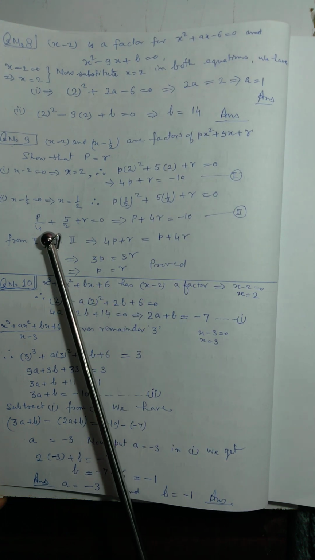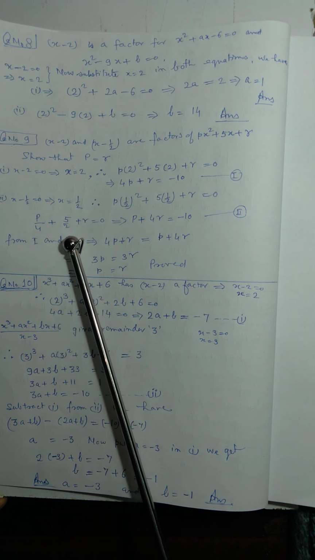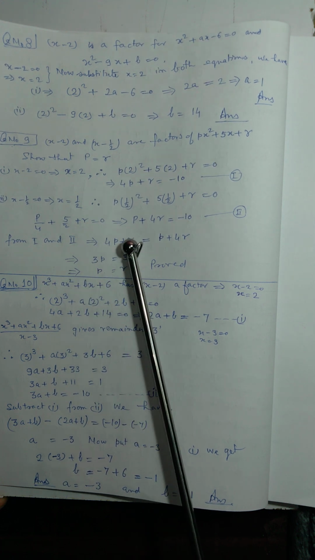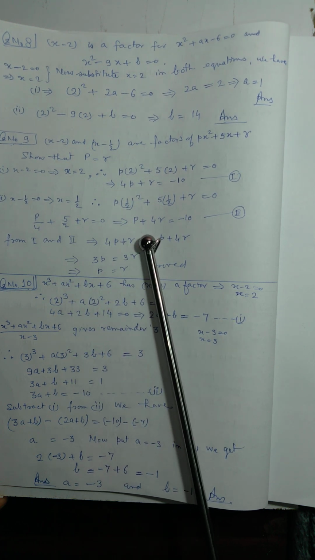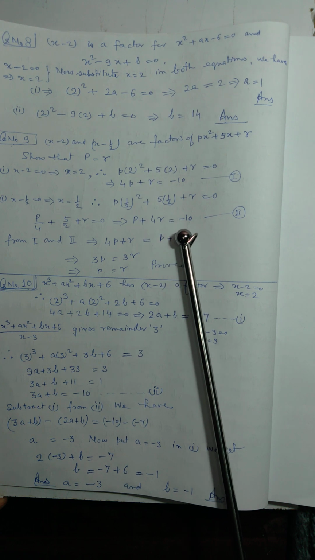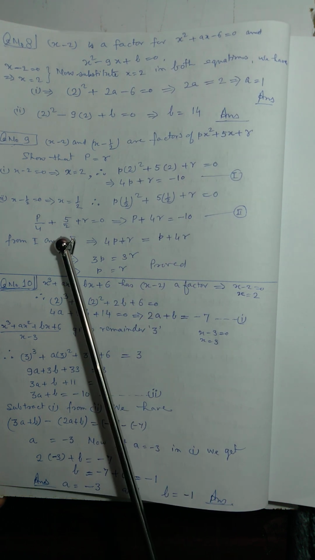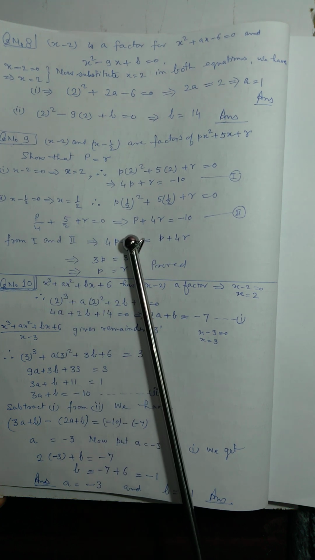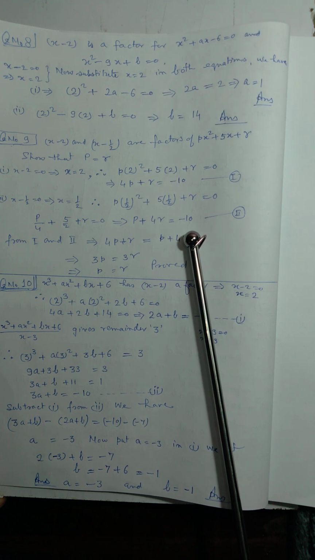Solve it, you will get p by 4 plus 5 by 2 plus r equal to 0. You can solve it: after multiplying each term by 4, you will get p plus 4r equal to minus 10.